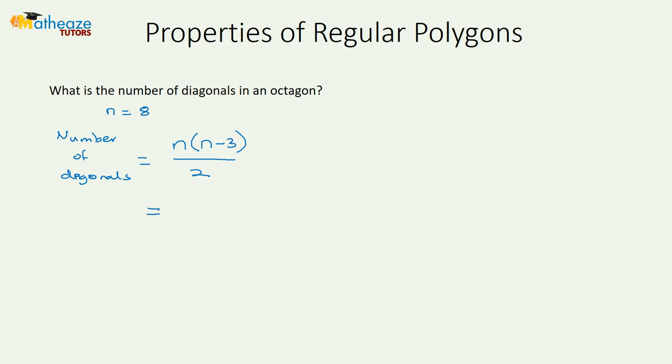So this is going to give us 8 multiplied by 8 minus 3 divided by 2. So this is 8 times 5 divided by 2. We divide 8 by 2, we get 4. 4 times 5 is 20. So an octagon is going to have 20 diagonals.